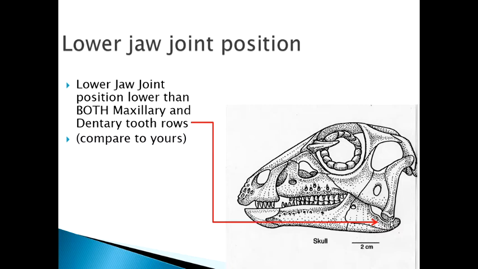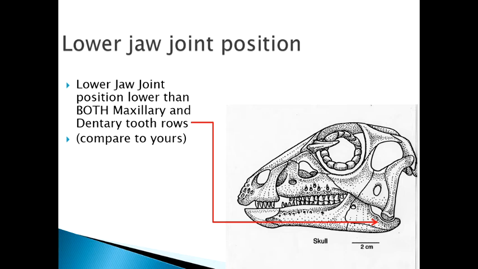Now compare that to our hinged jaw. Our hinged jaw hinges to our skull above the level of our teeth. So these have a low, dropped tooth jaw joint. Okay? So those are some very important features of the face, including the new bone name of the maxillary for these ornithopods.